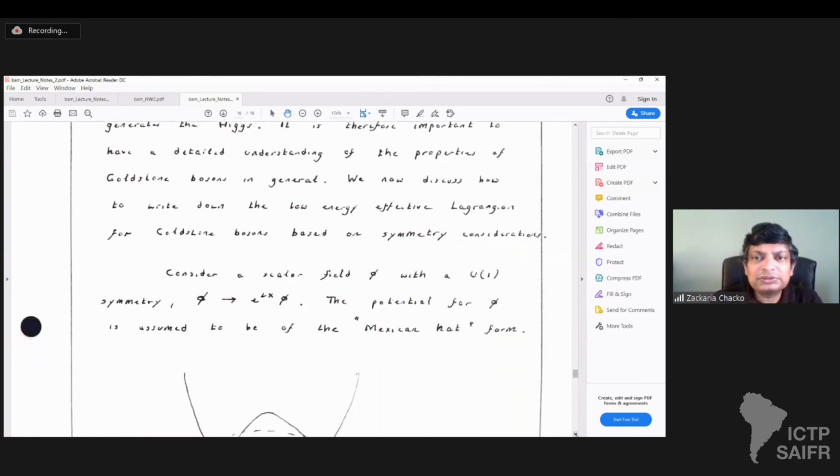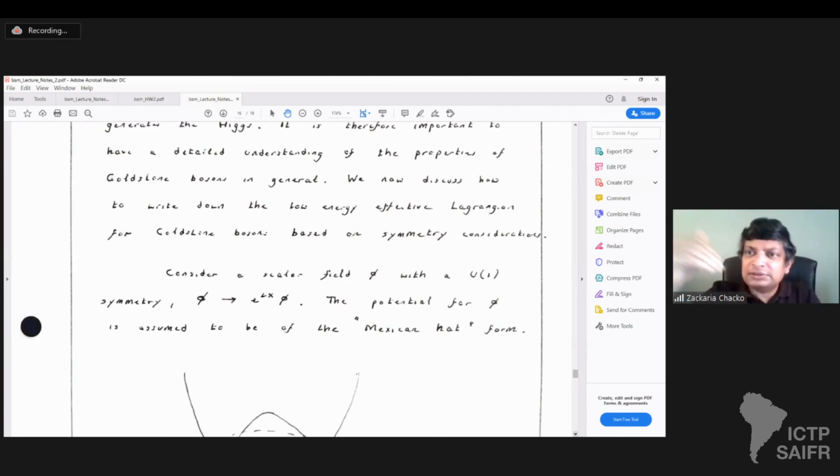So what I'm now going to discuss is how to write down the low energy effective Lagrangian for Goldstone bosons based on symmetry considerations. Because you have some strongly coupled dynamics which is breaking some global symmetry and giving you the Higgs. Okay, what that strongly coupled dynamics is, it could be very complicated, right?